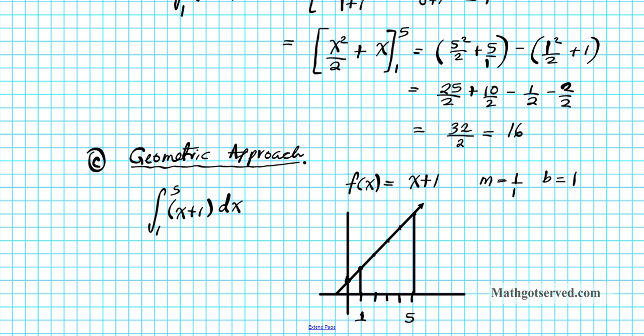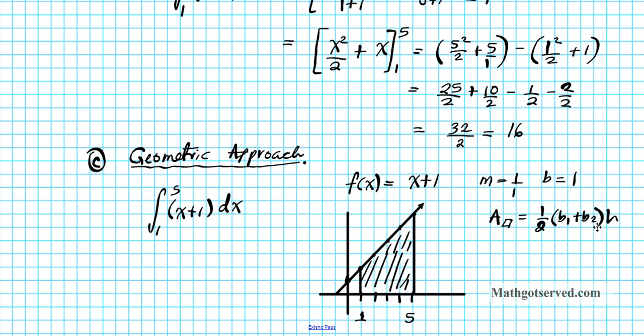All right, so I'm trying to figure out the area right here. Okay, so we can see that this is a trapezoid. So how do you figure out the area of a trapezoid? We know what the formula is, the area of our trapezoid is given by 1/2 base 1 plus base 2 times the height.